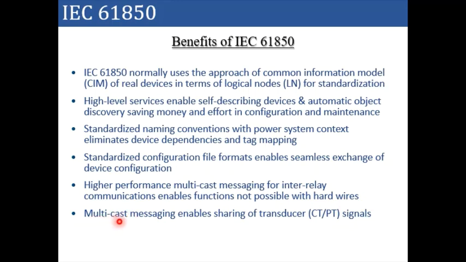So because of this, the multicast messaging also enables the sharing of the transducer data to all the devices. In this case, such as current transformer and potential transformer data, you can share with multiple devices at a time, such as the relays as well as meters, so that you need not wire them as point to point data connections. So this makes it easier for devices to receive the data from multiple transducers.